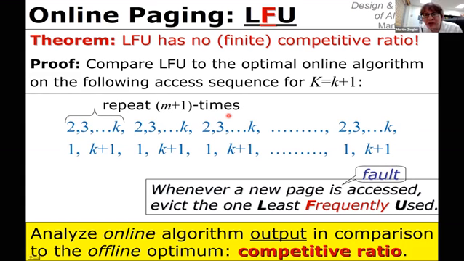They have been used very frequently and therefore will not be evicted. And this causes a lot of page faults when alternating between accessing page number 1 and page number k plus 1, page number 1, page number k plus 1, and so on.